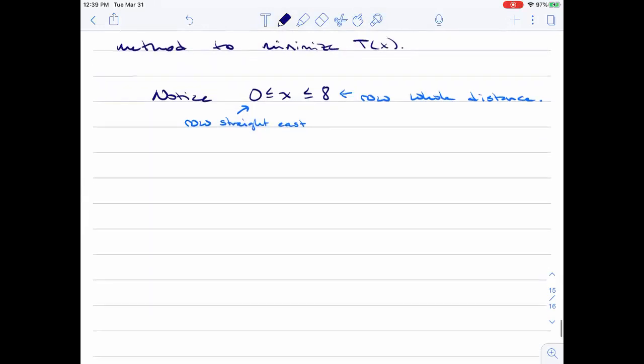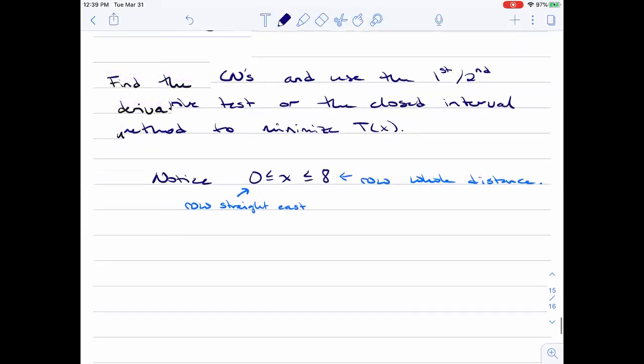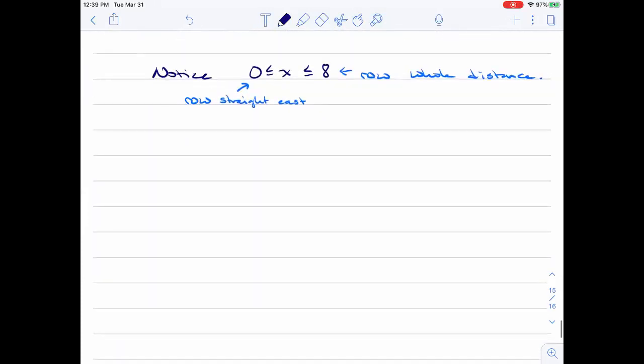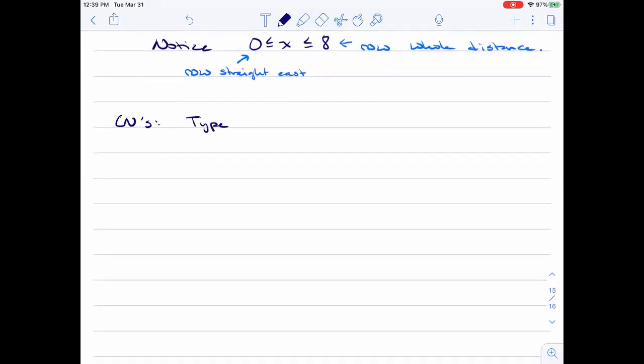So our critical numbers, and we see here that finding the first derivative is going to be a little bit of work. It's not a quotient rule or anything nasty like that. But our critical numbers, the type 1 critical numbers, are when T prime of x equals 0.